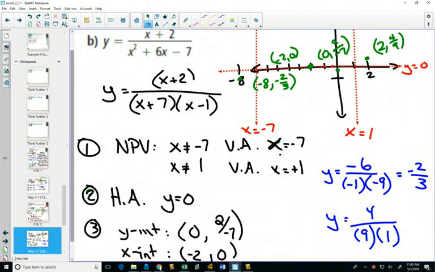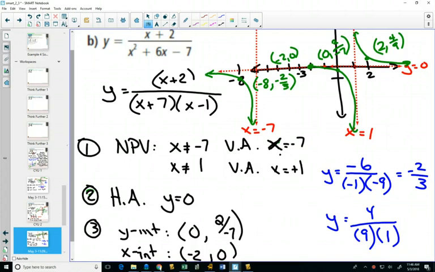Now, when drawing my asymptotic behavior, I have enough in this section to draw this. I have enough in this section to draw this. I almost have enough in this section. Here I know because of that point and because there's no other x-intercepts, it has to go down. But in the other part, I don't know if it bounced off that x-intercept and went back down or went through and goes up. In order to figure that out, I might plug in another value like -3.